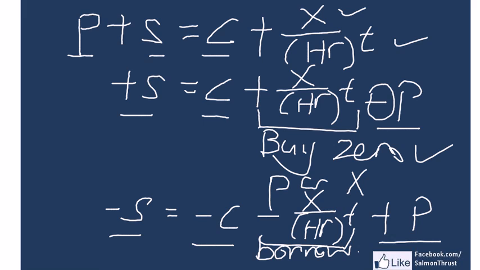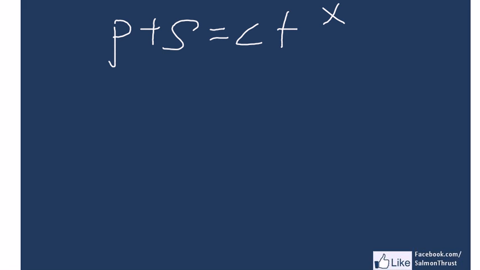Now, what happens if we want to create a synthetic long call or synthetic long put? How am I going to do that? For example, we write put-call parity again: P + S = C + X/(1+R)^T.